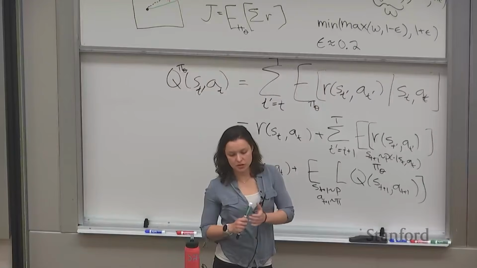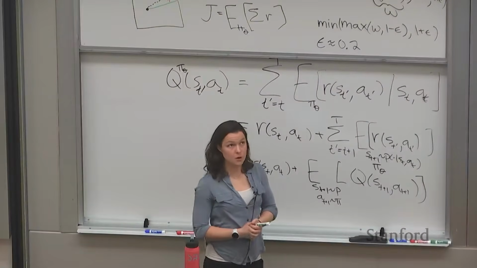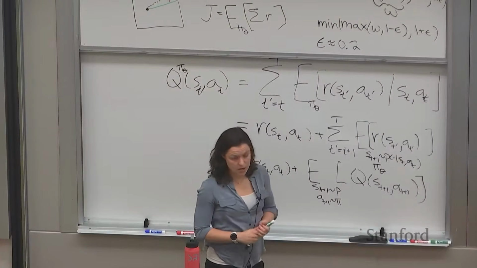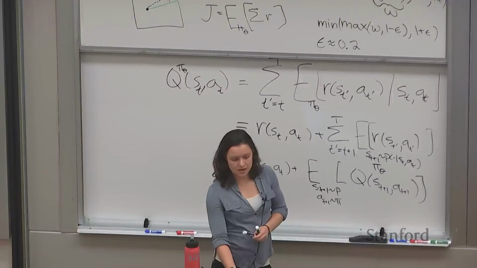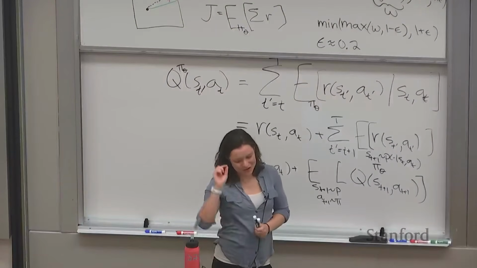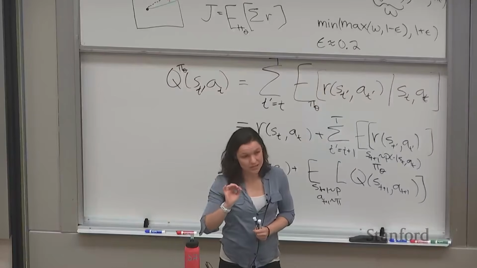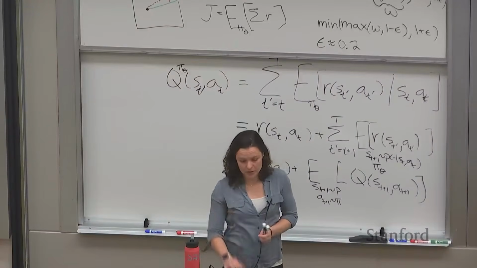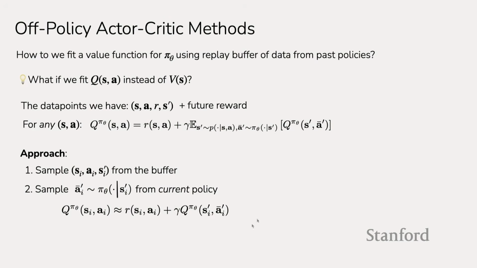Good question. The question was, does this require that we see data from all possible state-action pairs? That's a very good insight. We don't actually need to see data from all state-action pairs, but for this target to be accurate, we do need data that covers actions similar to what our policy would be taking.